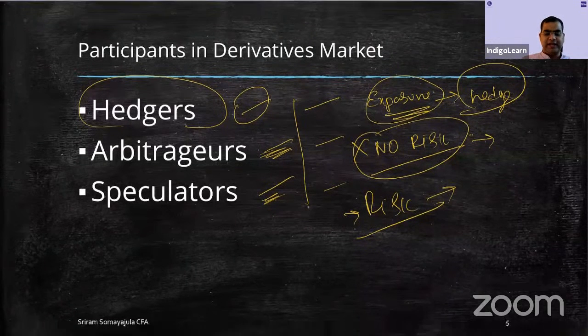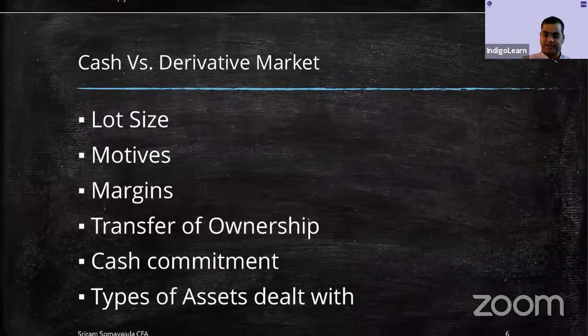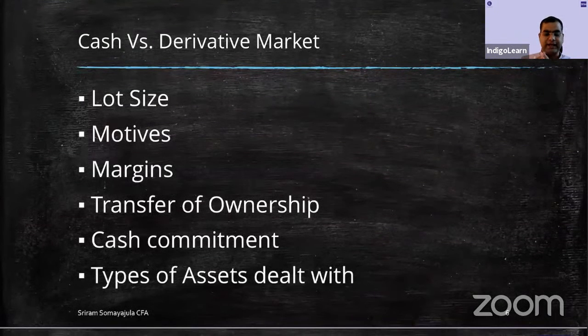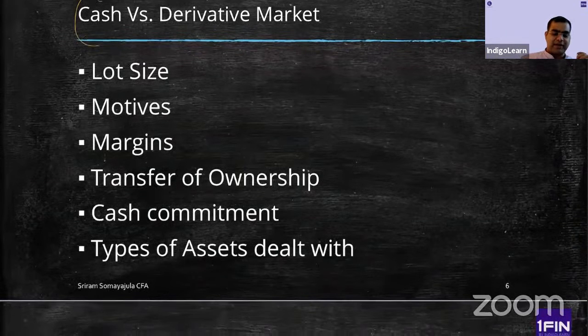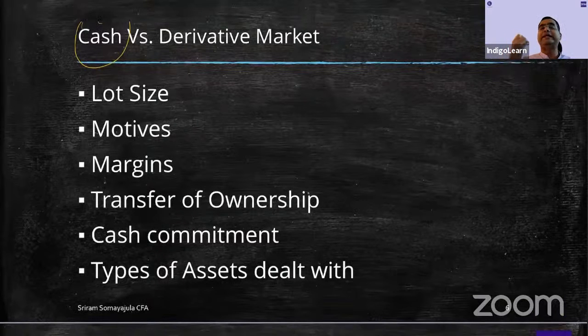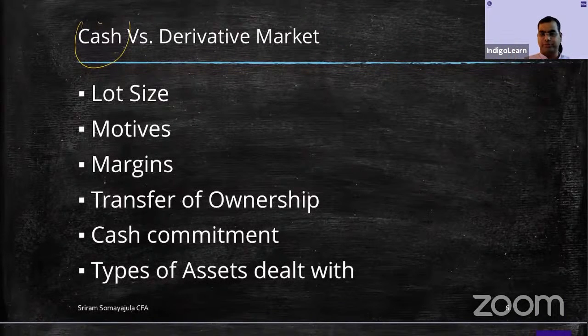Now, one more thing I want to highlight is when we talk of derivative markets, it is basically all these futures, forwards, options, all the swaps and all of that, right? There is one more market called the cash market. What is this cash market? Cash market means you are paying money and taking something immediately. So if you go to a vegetable seller and buy brinjals for your house, you are buying them for now, right?